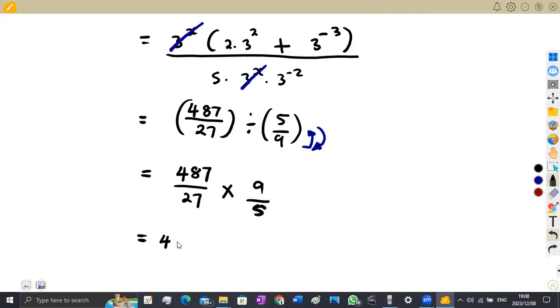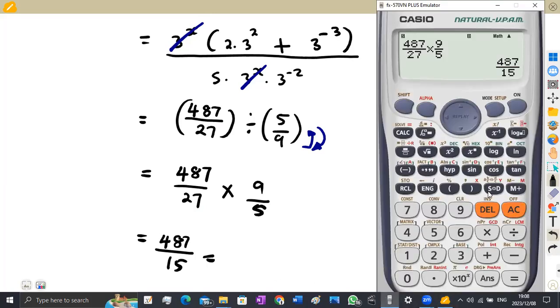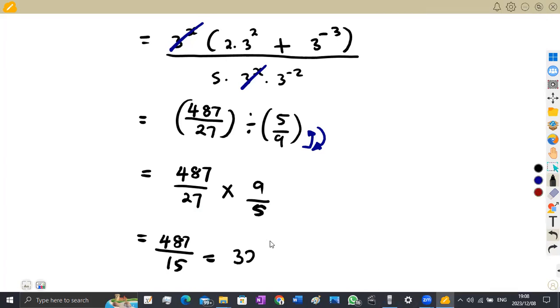So this is 487 over 15, or you can write this as a mixed fraction, 32 and 7 over 15. If you want, you can write it like that, but it's actually not necessary.